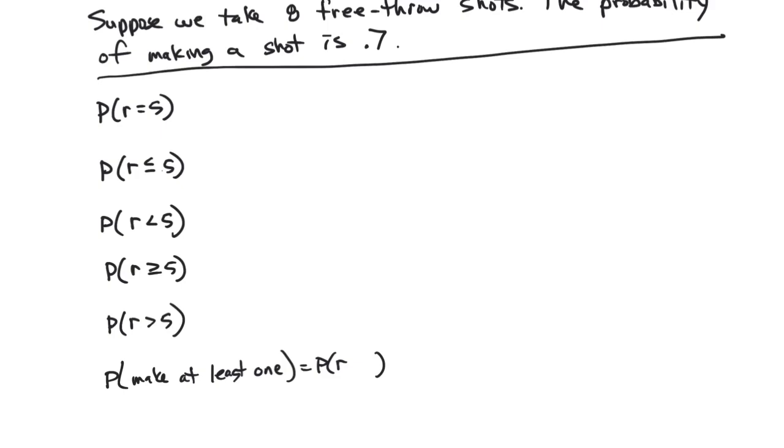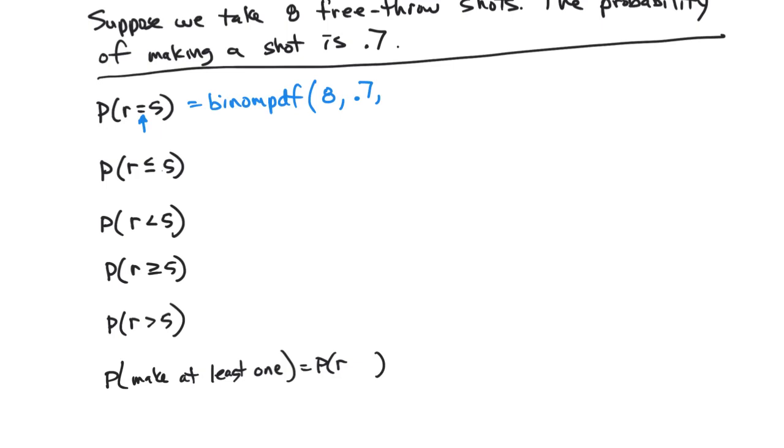So for the first one, probably that R equals 5. This one is just going to be binomial PDF. Remember that equal sign is always PDF. Binomial PDF, NPR. N is the number of trials, which is 8. P is the probability of success, 0.7.